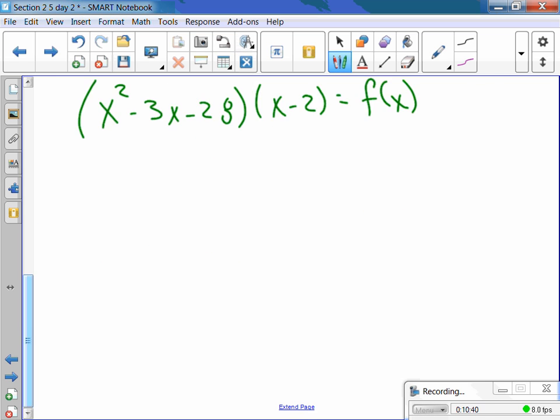We have a quadratic which we can simply factor to what? You could definitely use synthetic division if you want to, but again, you don't know where to start. X minus 7.